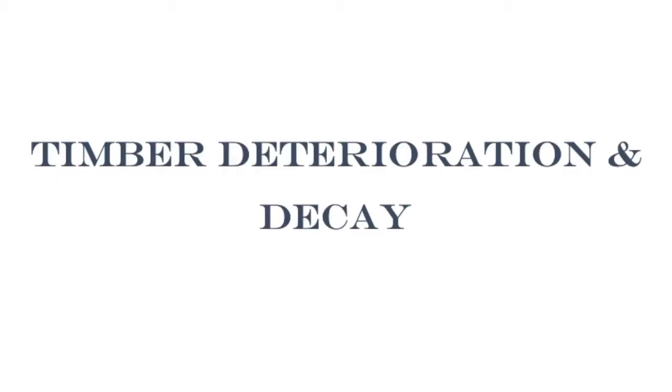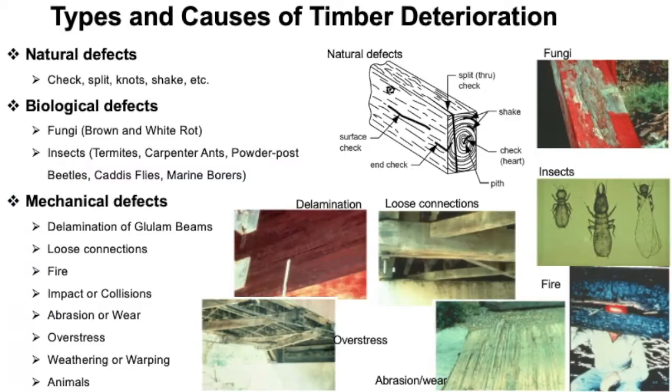Then moving on to timber deterioration and decay, there are several types and causes of timber deterioration, but all of these can be classified into natural defects, biological defects, or mechanical defects. I've listed some examples under each category, which you can go through, but you need to know these types of defects.